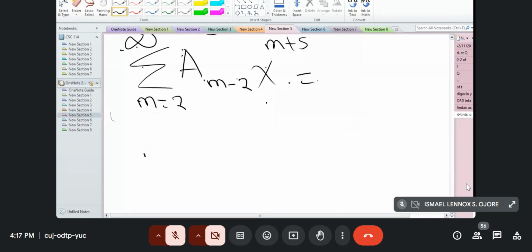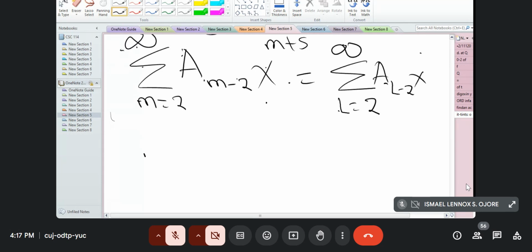We argue that this is the same thing as when you sum, if we use l instead of m. Will we lose anything? Are we changing our results? It will be the same thing, right? Yes.